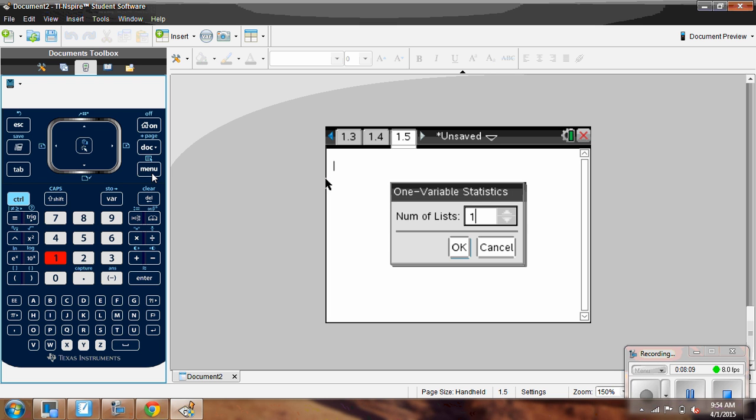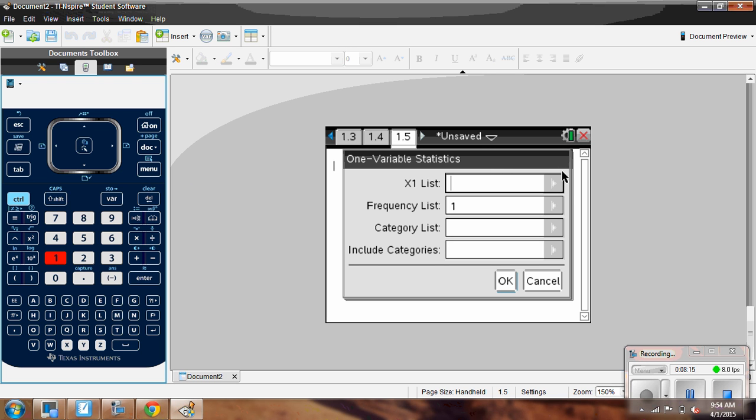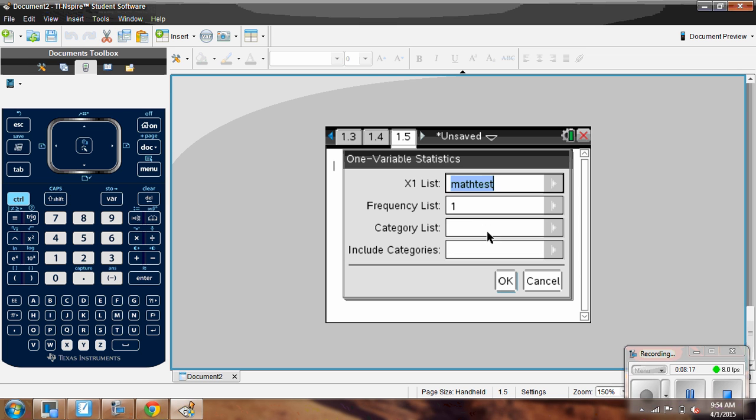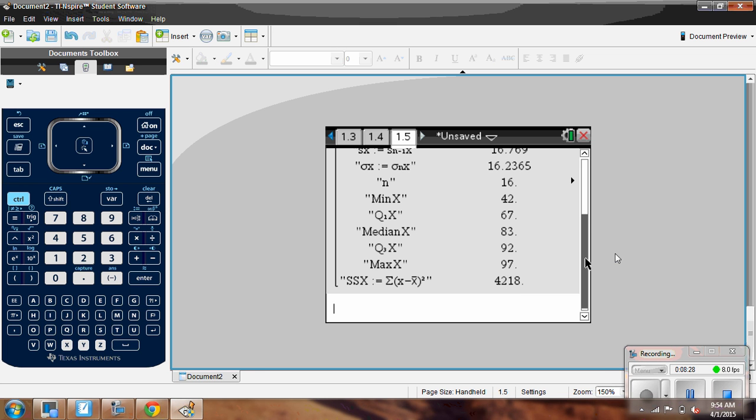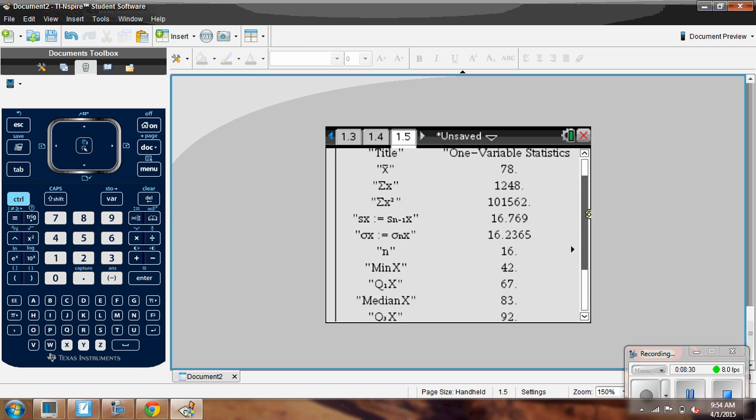And if you recall, it's under one variable statistics. I have one list and only one list this time. So my X list is going to be the math test. My frequency list, this time I only want you to count everything once. There is no second frequency line. So we count everything once, click OK, and we look at our results.